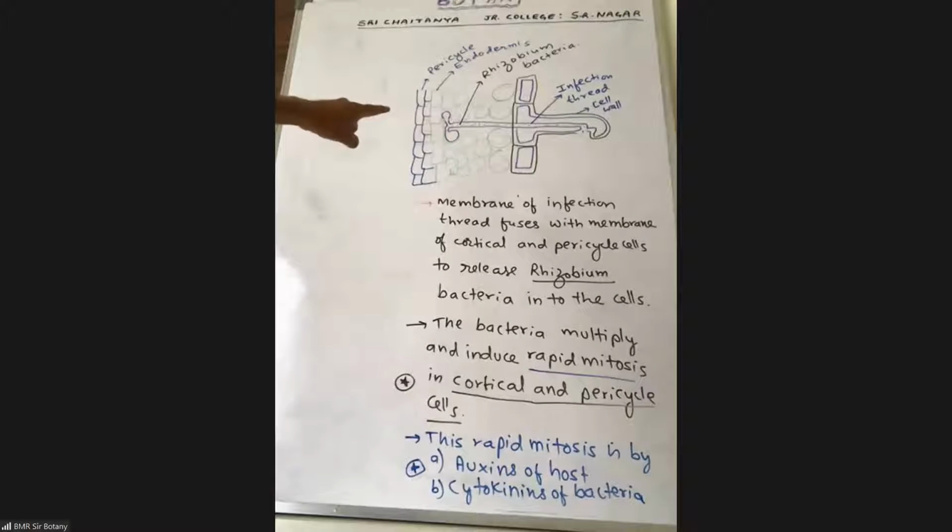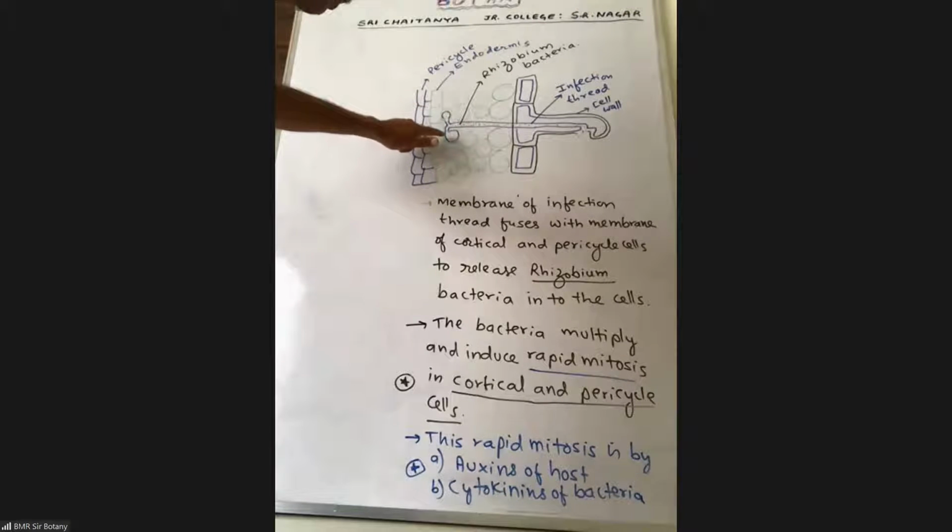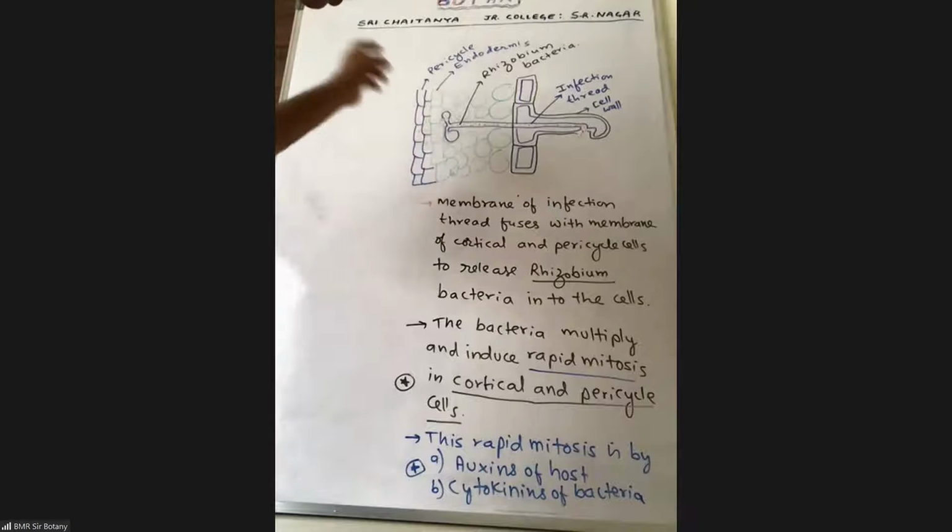And how are the connections established also? Be careful, Nana. The membrane of the infection thread fused with the membrane of cortical and pericycle cells to release bacteria into them.